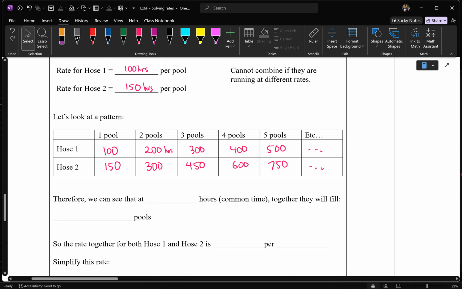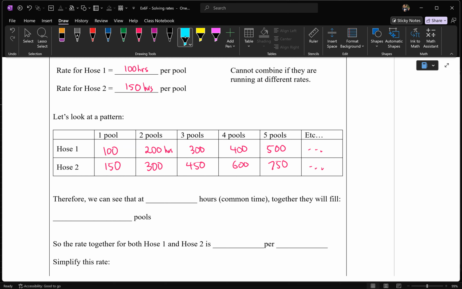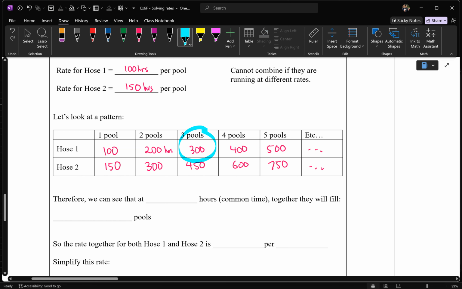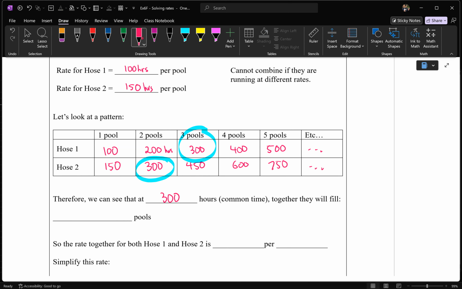Now, where do they both share a similar quantity? You can see here they both have the same 300 hours. So at 300 hours, in the same common time, hose number 1 will fill 3 pools, whilst hose number 2 will fill 2 pools.